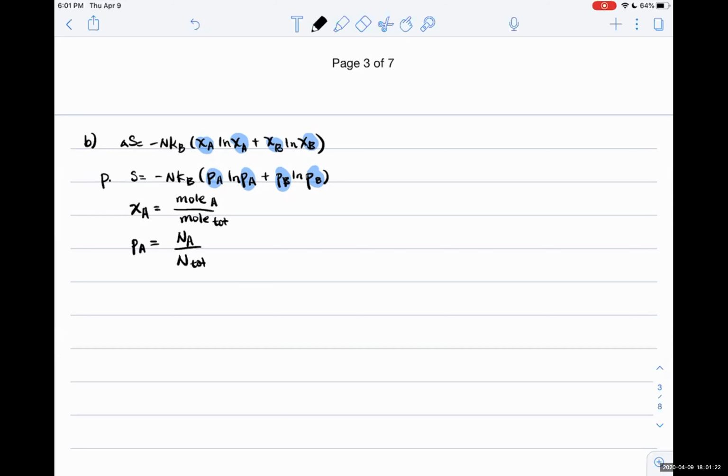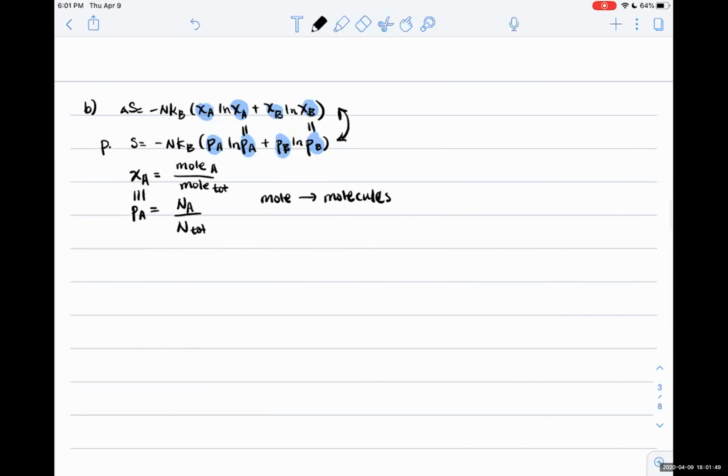You can convert moles into number of molecules just by multiplying by Avogadro's number. So in the end, they're the same thing. After proving that xB and pB, and xA and pA are equal, these two equations should be equal. So we have proved that the probabilistic definition of entropy is equal to the delta S formula that we're given.